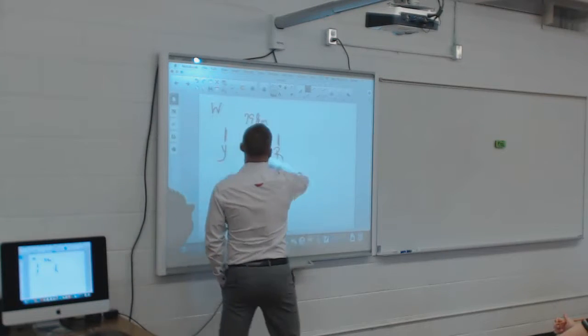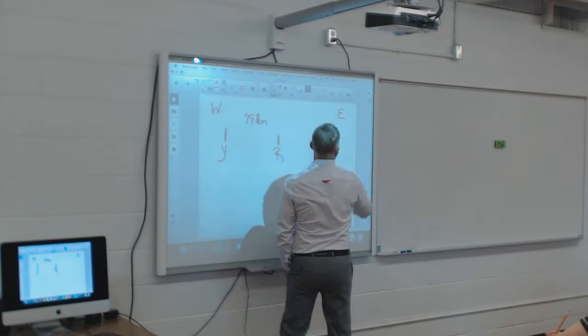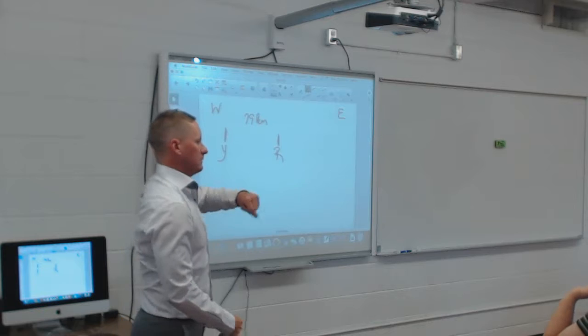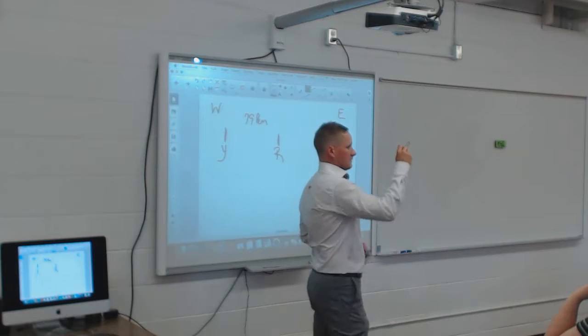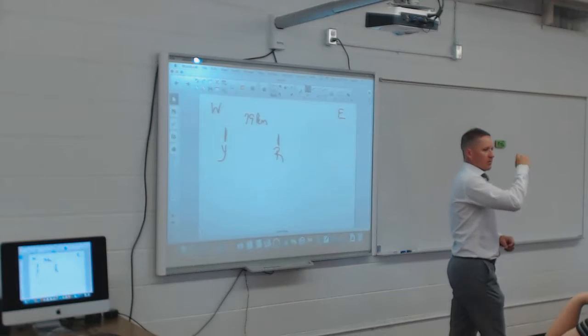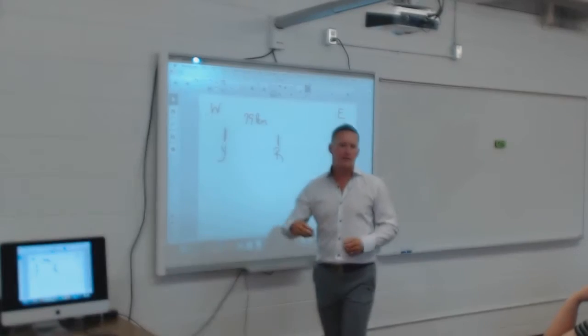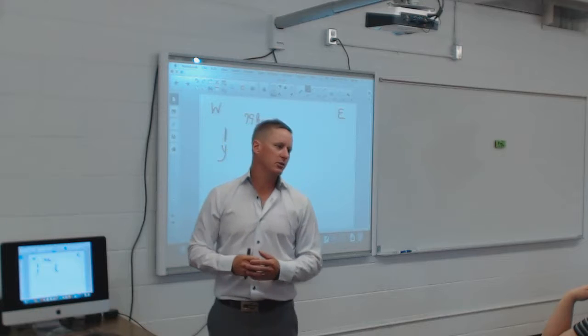We're going to consider west over here and east over here, just the same as your nautical directions: north, east, south, west. So we consider west left and east right when I draw pictures.